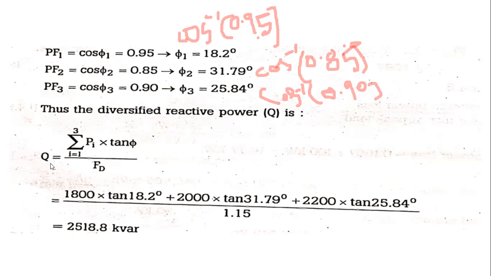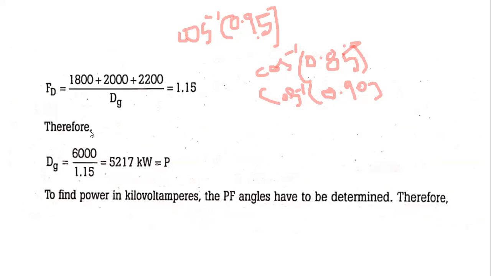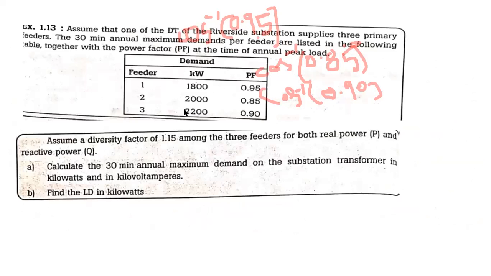Okay, this is the apparent power Q. Q is equal to sigma i equal to 1 to 3. How many demands are there? How many kilowatts are there? That is 3: 1, 2, 3. 1800 into tan of phi 1 value plus 2000 into tan of phi 2 value plus 2200 into tan of phi 3 value by diversity factor.